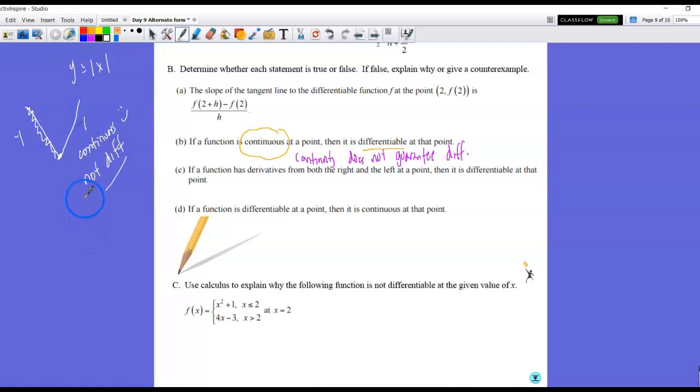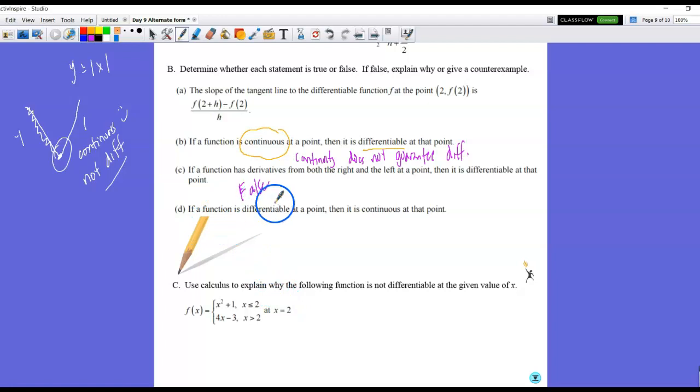So there are derivatives from the right and left, but they're not in agreement. They're not moving me towards a derivative at the vertex. So if a function has a derivative from both the right and the left, then the function is differentiable. That would be a false statement.